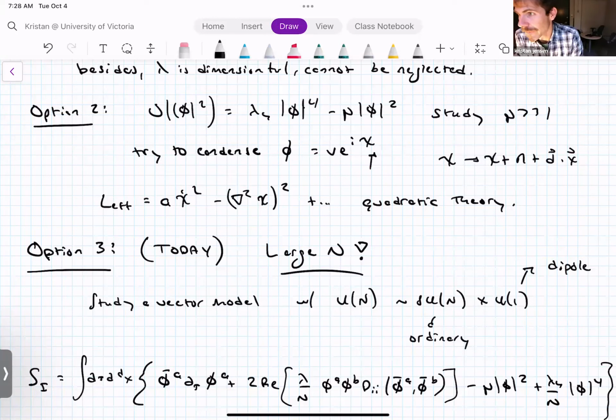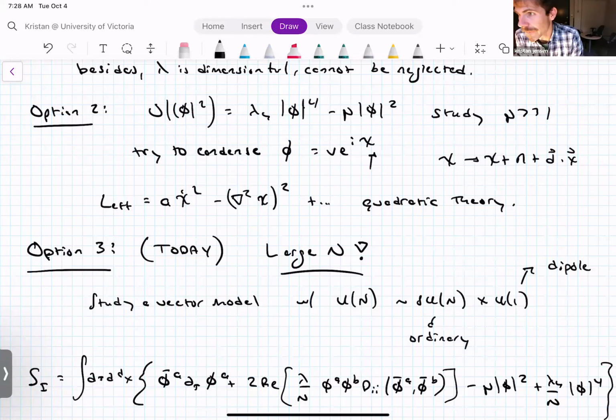there's a natural candidate theory of a dipole Goldstone that you can write down that realizes all symmetries of the problem. Except instead of being a scalar Goldstone, it's a vector Goldstone. You can call it psi vector. Under dipole transformations, it just shifts, kind of like how an ordinary Goldstone boson shifts under U(1) transformations.